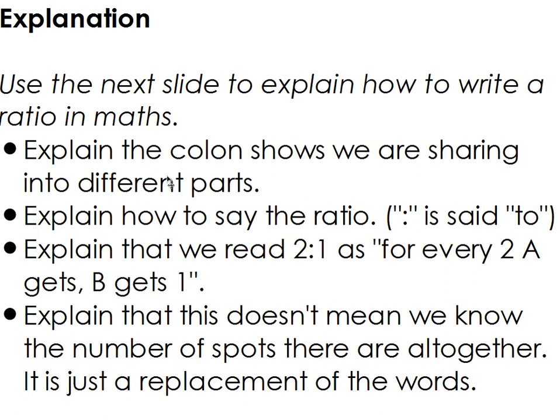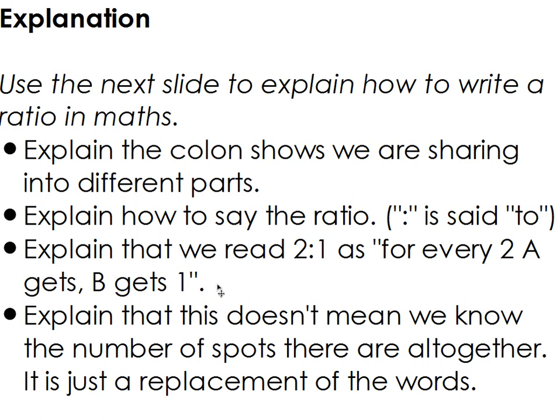So, explaining that the colon shows we're sharing into different parts. It's not a decimal point, which a lot of them tend to want to write. It's a colon to show sharing. Explain that when we see the colon, we read it as "to", and get them reading out ratios in future and making sure that they're saying it correctly. Explain that we read 2 to 1 as for every 2 the first person gets, the second person gets 1.